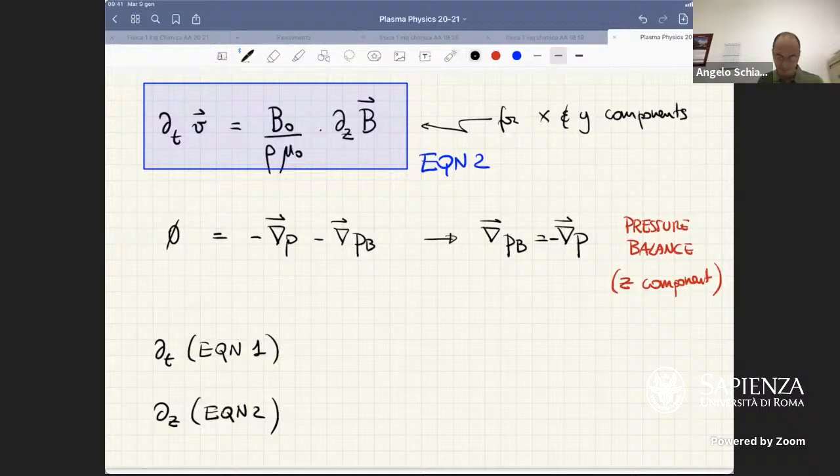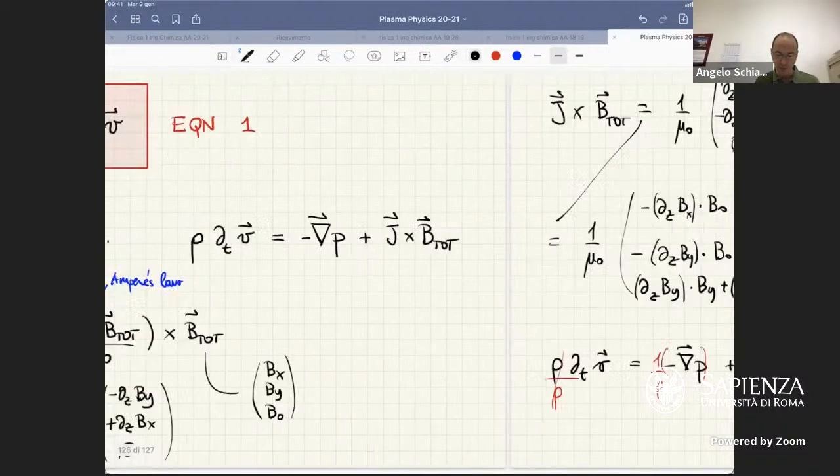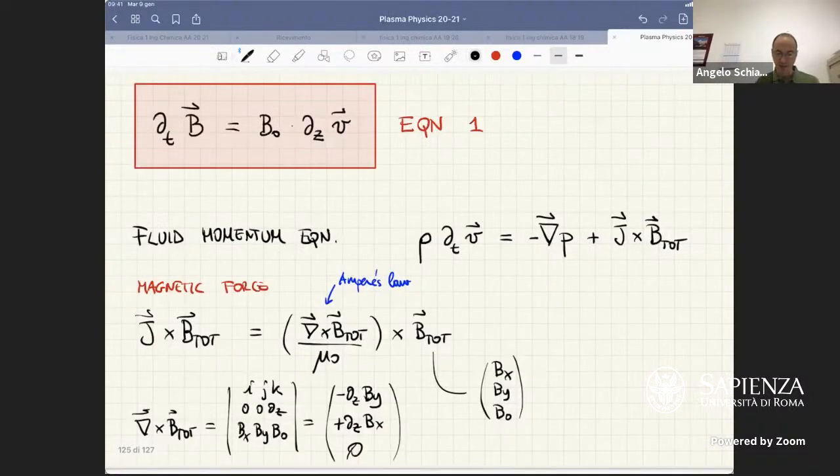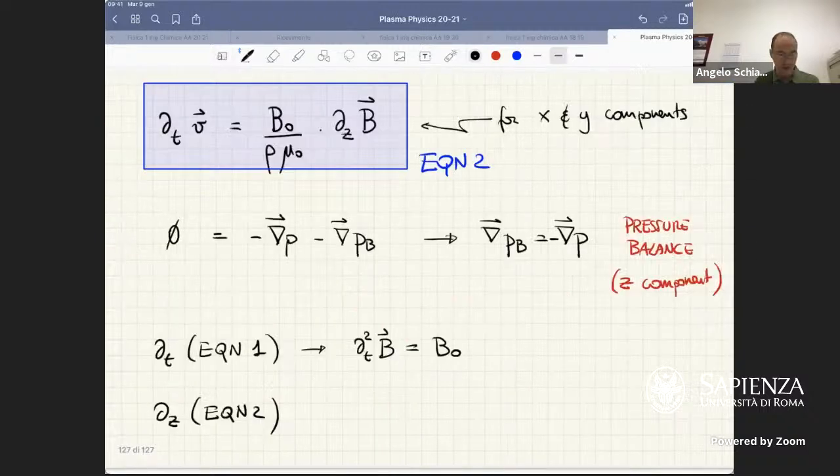So what do we get? Taking the time derivative of equation 1 on the left, we get the second time derivative of B equals B0, let's go and see what it was, and then the mixed derivative of the velocity field, so we have dt dz of the V field.